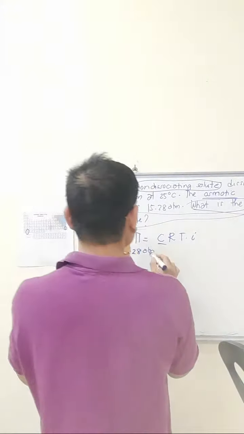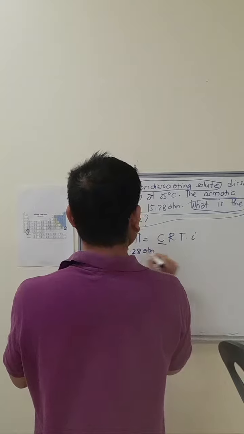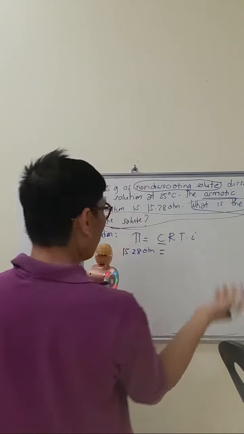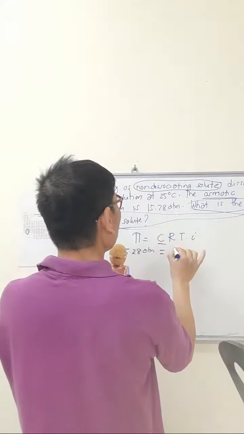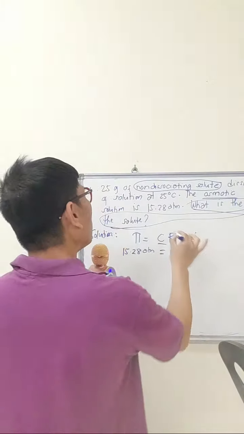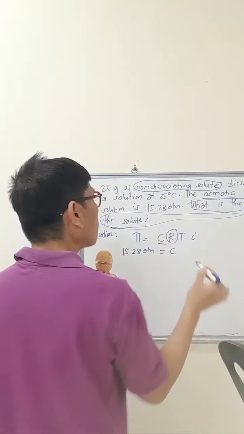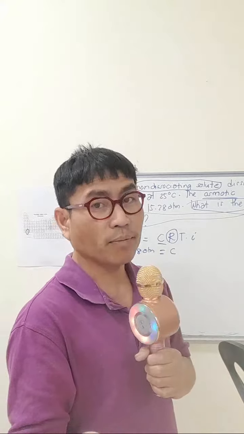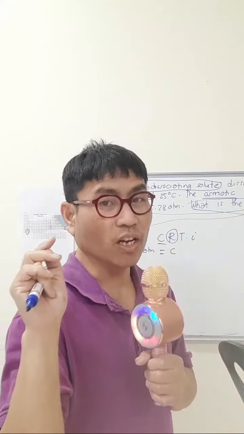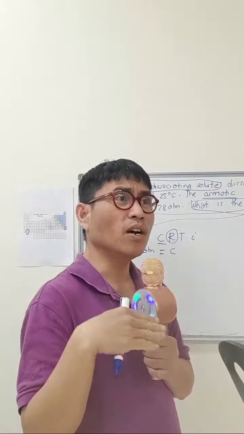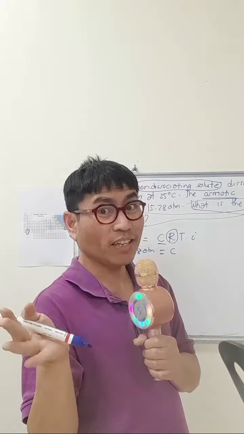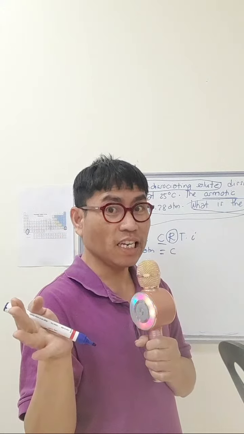Okay? Solution. And then concentration is nothing. R, the universal gas constant: as I told you over and over again, memorize at least two values which are common. And if you really don't know the other unit, then derive that from PV = nRT.